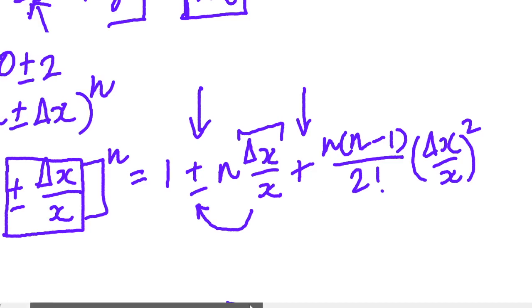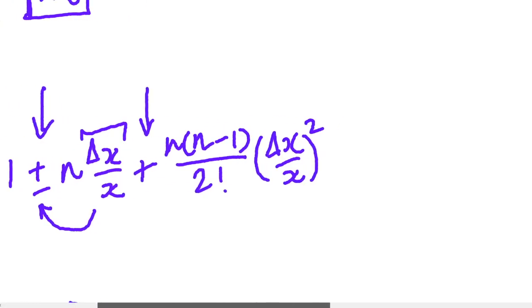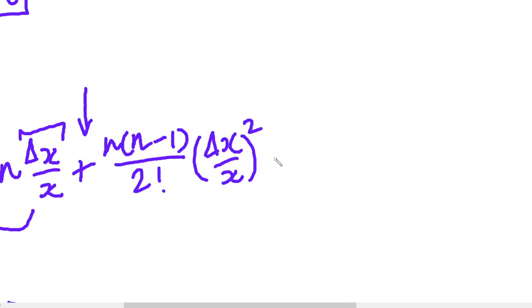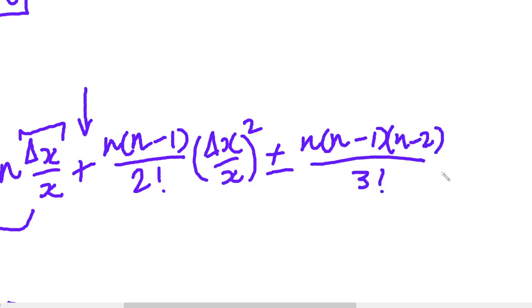So if we continue going along with our binomial expansion, which we would have learned the formula for in our math class of some kind, then if you go to the third term, you see another plus or minus multiplied by delta x over x cubed.